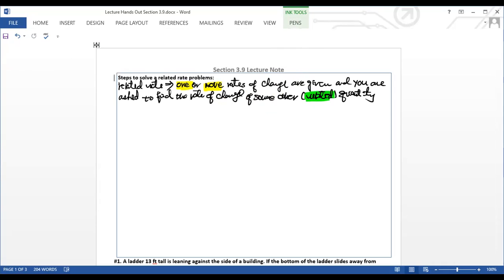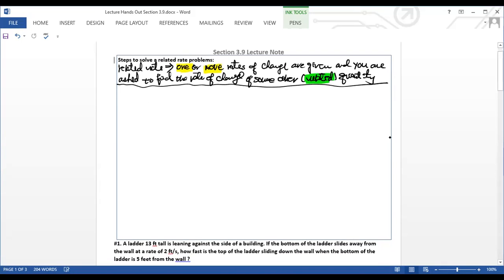When we do related rates problems, there are several very common steps. If you follow those steps, it will probably be easier for you. So I'm going to use an example and follow what the steps tell us.